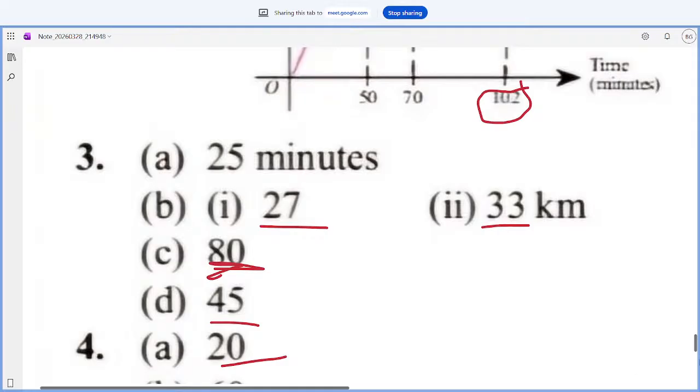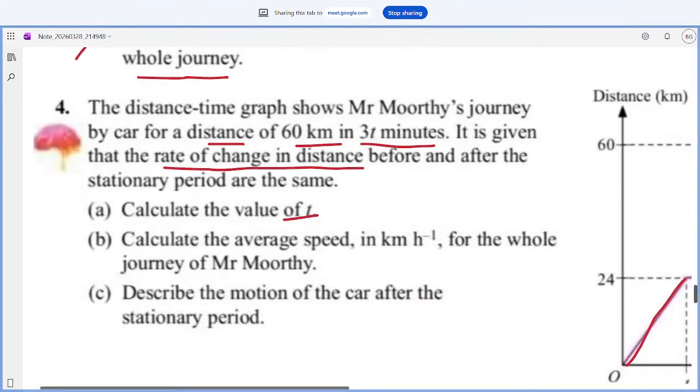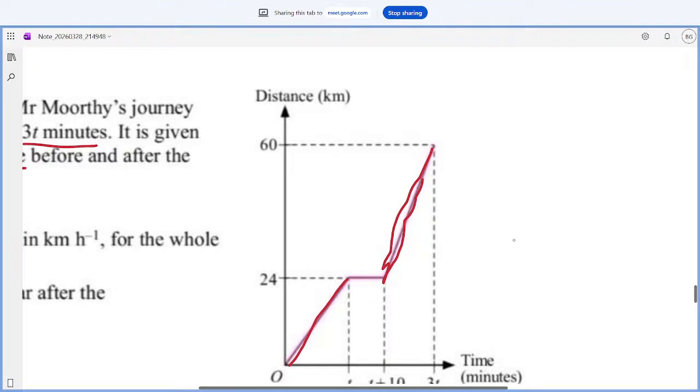Okay, I write for you the equation so that you guys can imagine. Okay, so it's 24 divide t, equal to 60 minus 24 is 46.